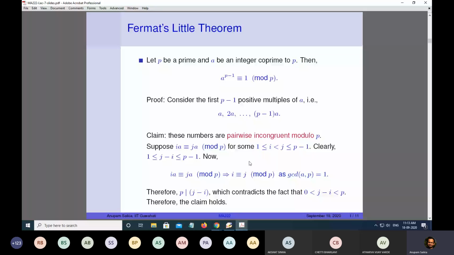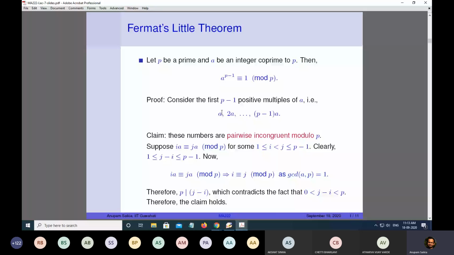So what is the advantage of these numbers being incongruent mod p? Because there are p minus 1 of them, when I divide by p, their remainders will cover 1 to p minus 1, not 0, because p does not divide a.